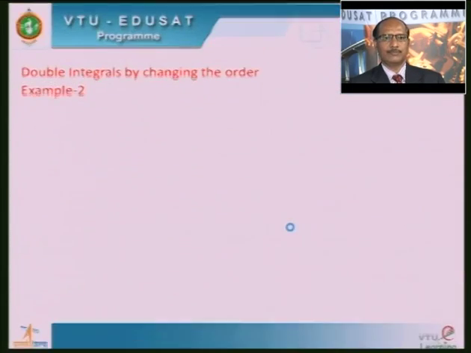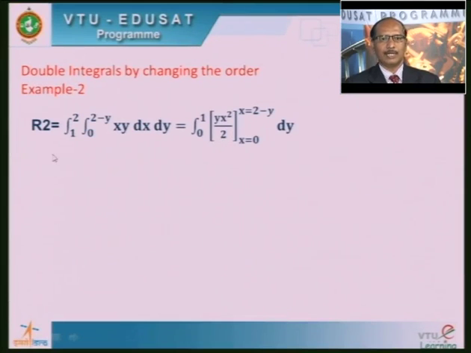Similarly, you consider the second integral R2. Their limits are y equal to 1 to 2 and x equal to 0 to 2 minus y, xy into dx dy. Again, the integration with respect to x is the same as the previous R1 region. So y as it is, x integration is x square by 2. The only change is the limits here. x equal to 0 to 2 minus y.